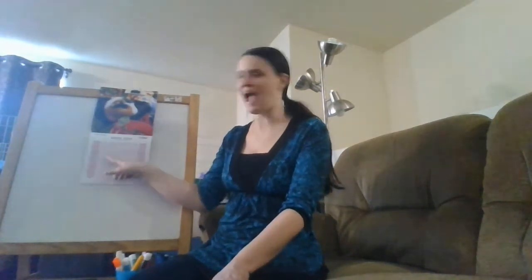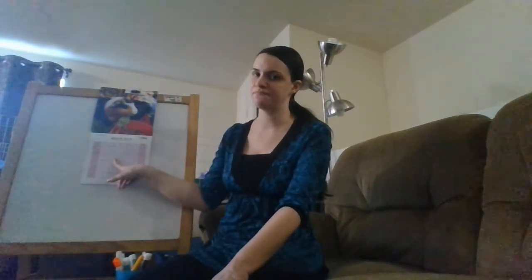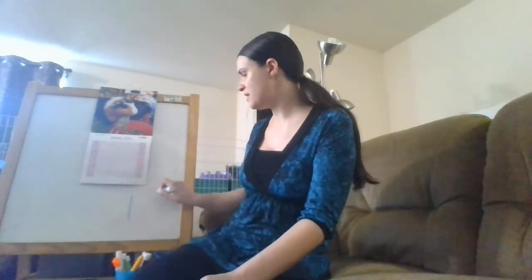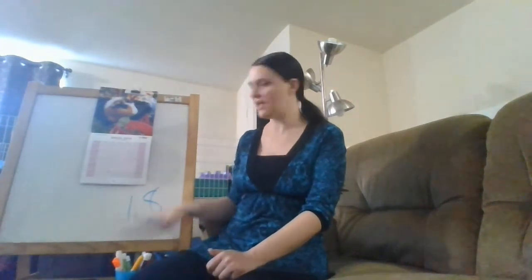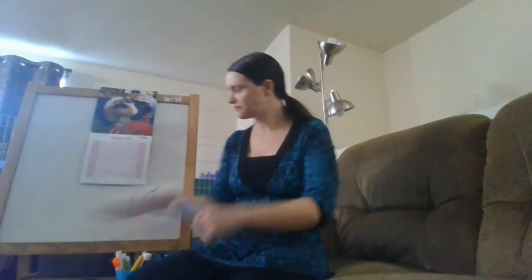What number comes after 17, friends? Who could tell me what number comes after 17? Good, it's 18, which is a 1 and an 8. Could we say 18? Ready? 18. Good. So today is 18.